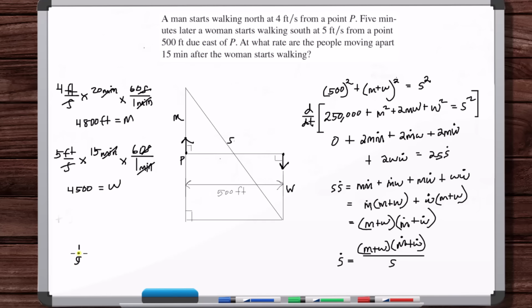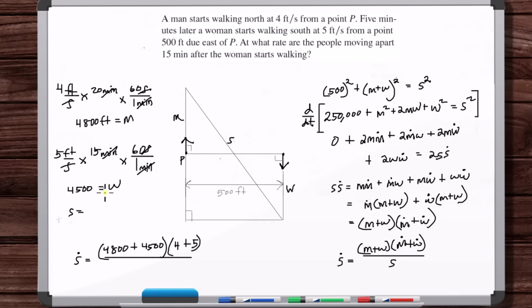So, all right, we've got 4,800 plus 4,500, and then 4 plus 5. Oh, we need to solve for S. What is S going to be?